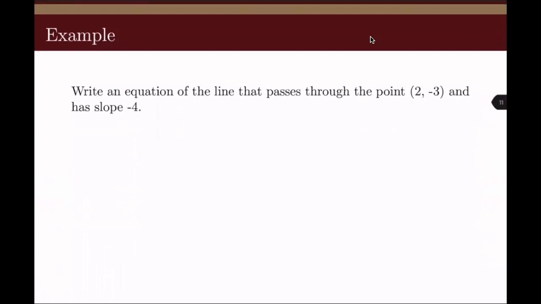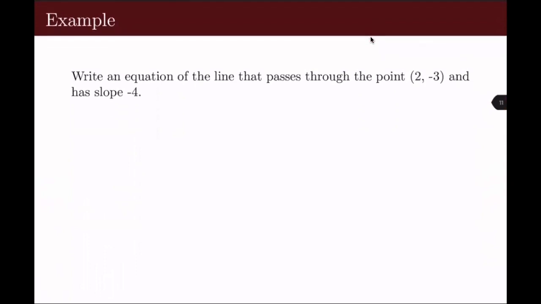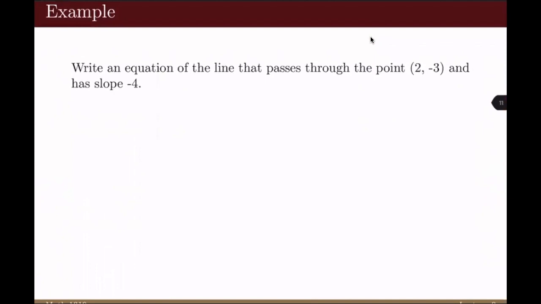Example: write the equation of a line that passes through the point (2, -3) and has a slope of -4. So that means my m equals -4, and I have (x, y) equal to (2, -3), which I can rewrite as x is 2, y is -3.